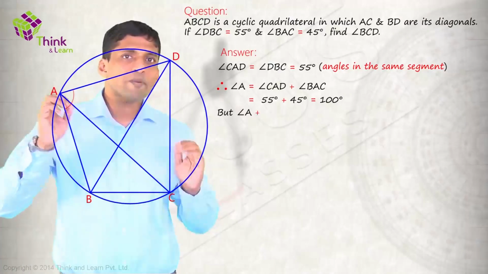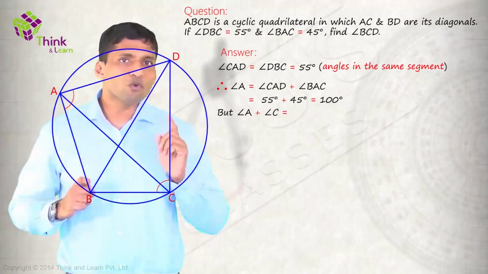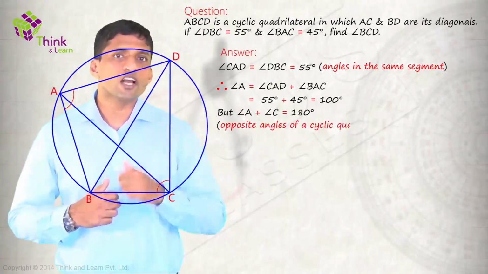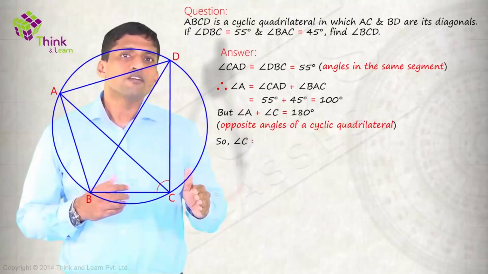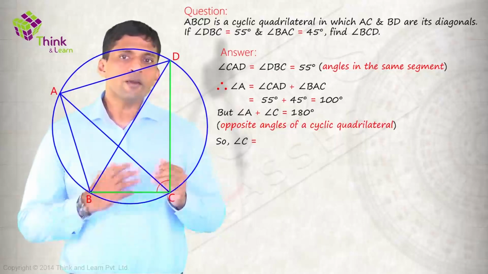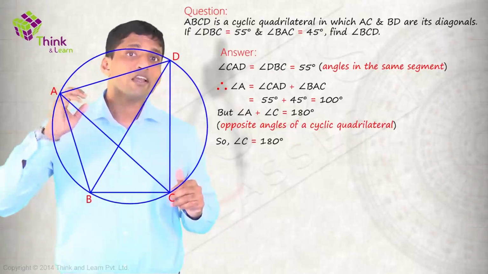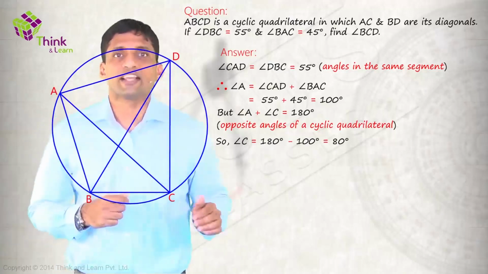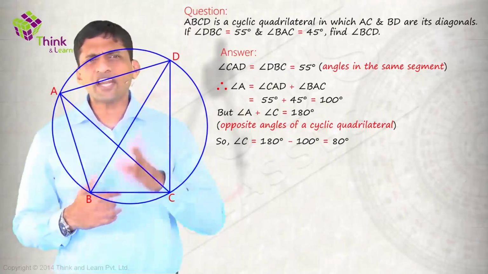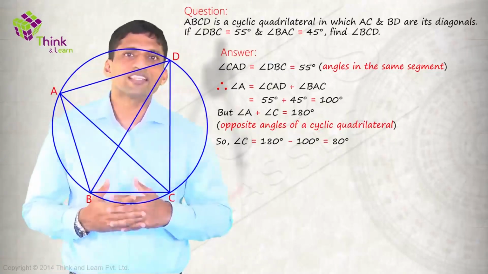Now angle A plus angle C equals 180 degrees because they are opposite angles in a cyclic quadrilateral. So angle C, which is nothing but angle BCD, is 180 minus 100, which gives the answer as 80 degrees. So it's a very simple question. You can immediately mark the answer.